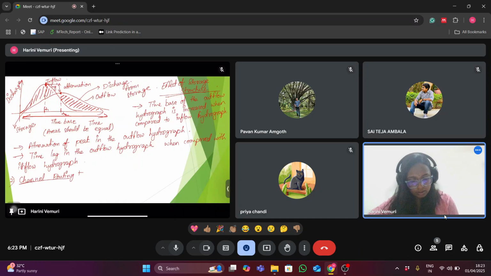So in the case of channels, that is the stream channel, okay, there can be a change in the shape of the hydrograph as it travels down the channel. Because, as I've discussed, there can be losses due to infiltration or evaporation, or also there can be a change in the cross section of the channel, which can lead to a change in the shape of the hydrograph.